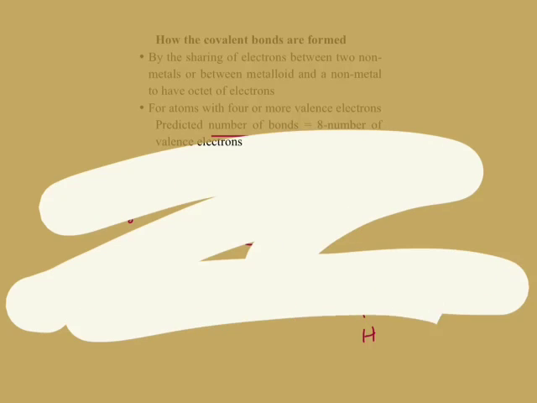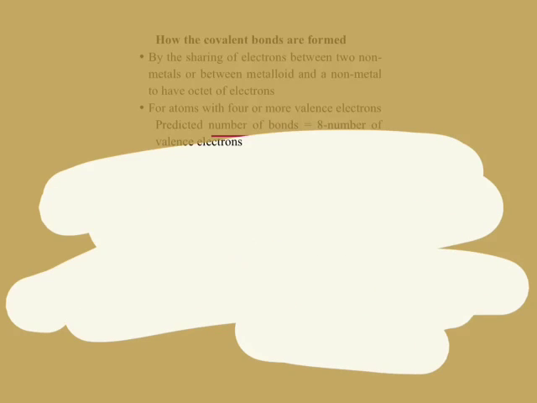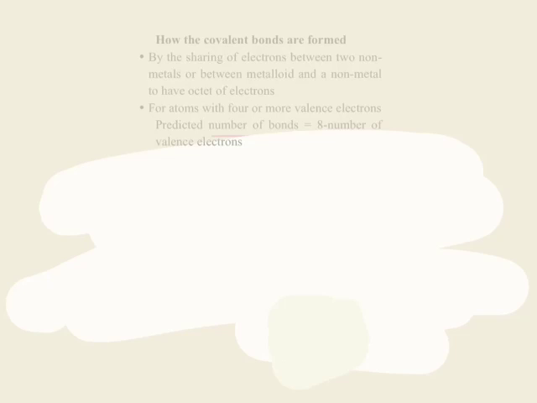Oxygen, for example, if we take oxygen, has 6 valence electrons because it's in the 6th A group of the periodic table. How many bonds will you see around oxygen? 8 minus 6, which is 2 bonds.